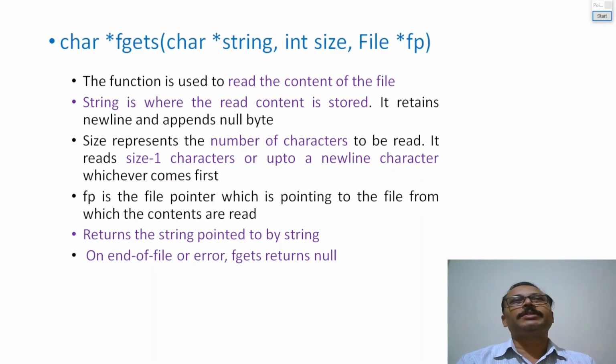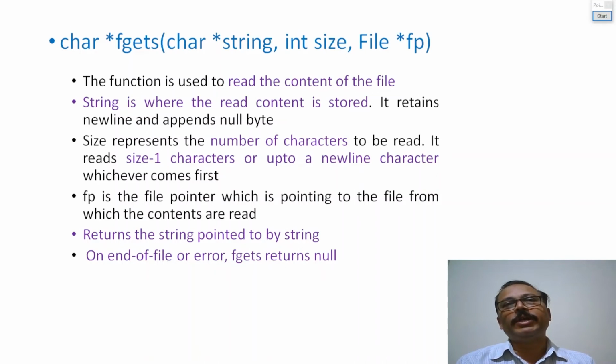Next, fgets. The fgets function is used to read a string from a file. We have not discussed exactly what a string is, but for the time being you can assume that a string is nothing but a sequence of characters, a line of text.